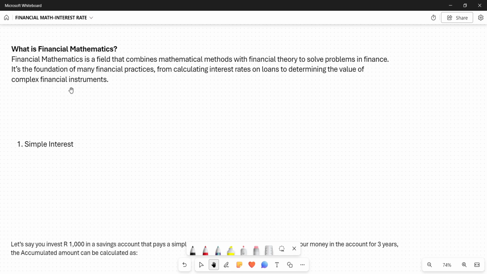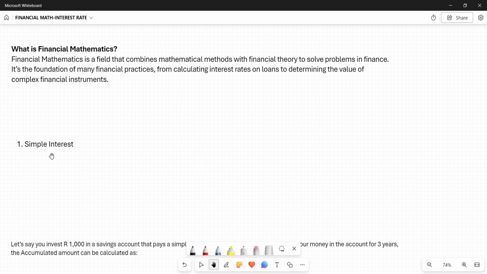It is the foundation of many financial practices, from calculating interest rates on loans to determining the value of complex financial instruments. For the purpose of this video, we'll be focusing on interest rates, specifically simple and compound interest, and how to convert from nominal to effective interest rates.